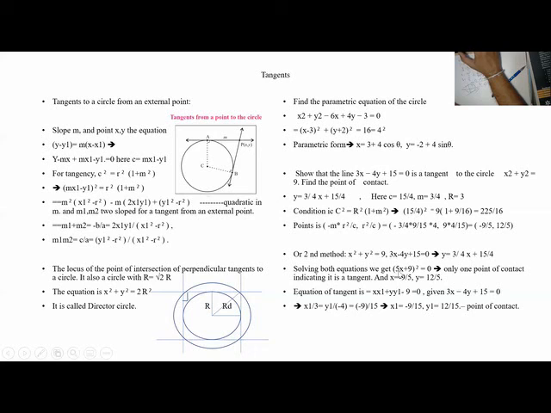When I solve this, I get a perfect square. I don't have two x values. That means there is only one common point for these two, and that point is the tangent point. If two points come, then the problem will be wrong. Since there is only one common point, this is a tangent. If there are 2 points, that means this line is a chord of this circle.